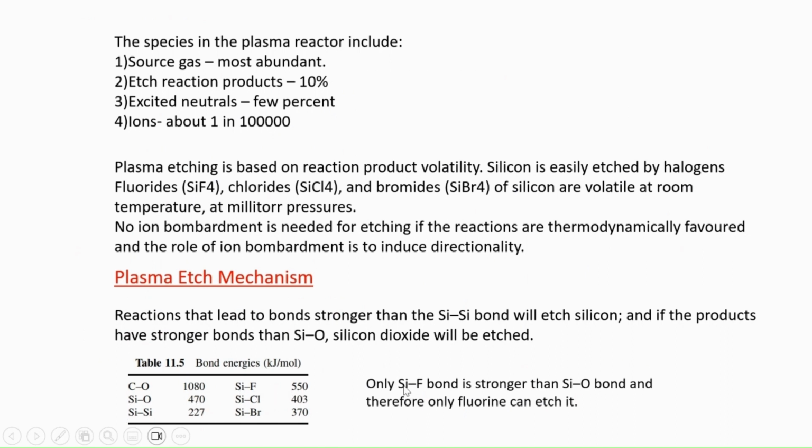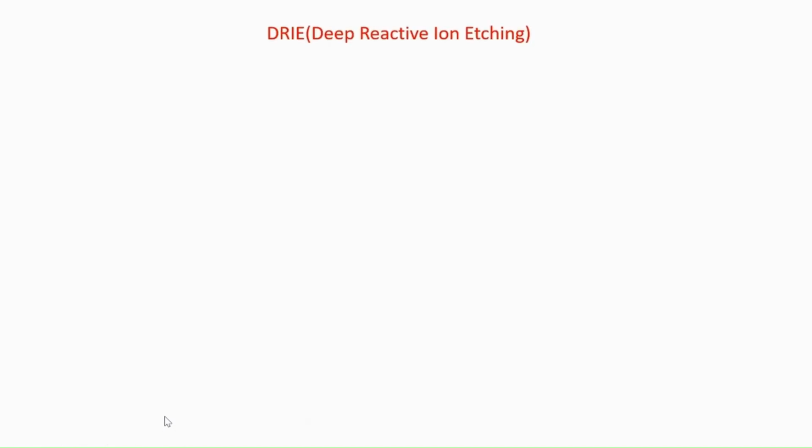That means you'll have to use fluorine chemistry, or halogens like SiF4. That is how plasma etching works, and that is the mechanism. If I want to etch silicon, then I can use all three, because all three have higher bond strength than silicon.